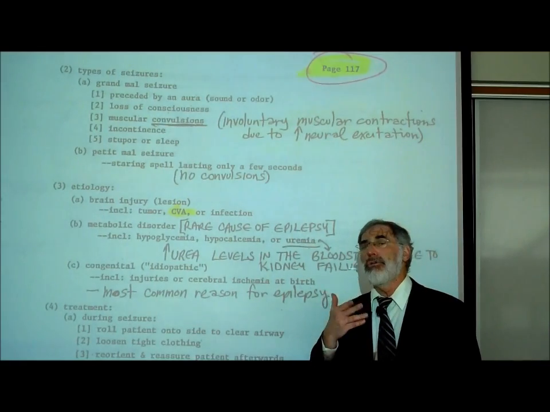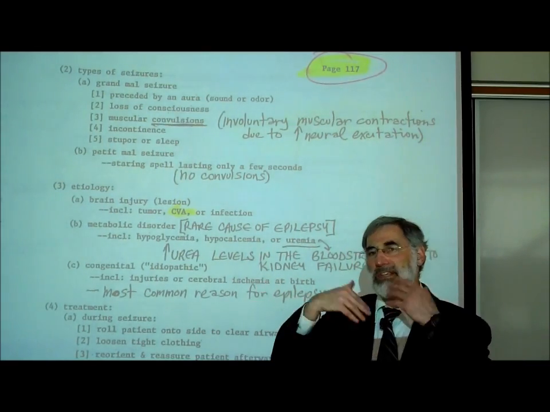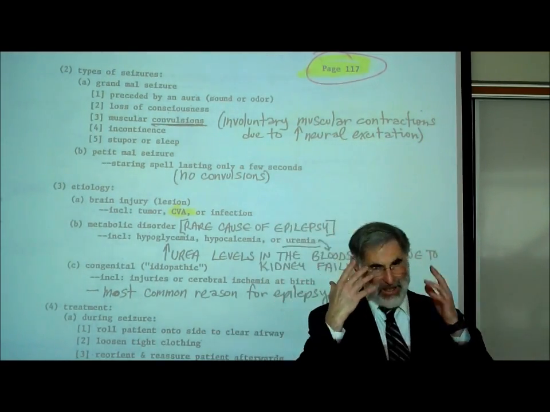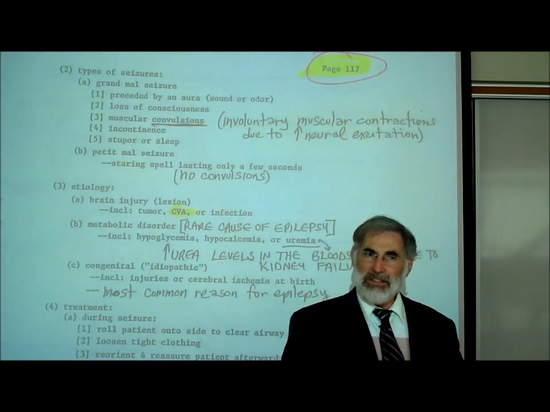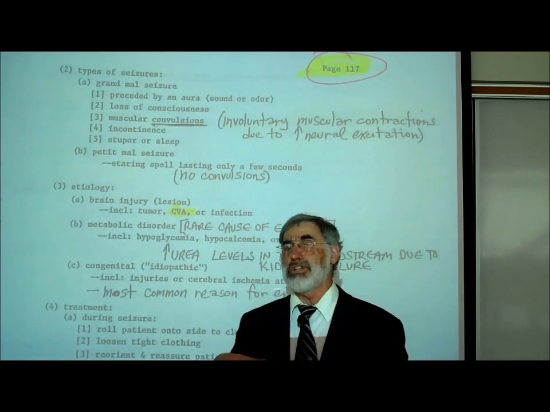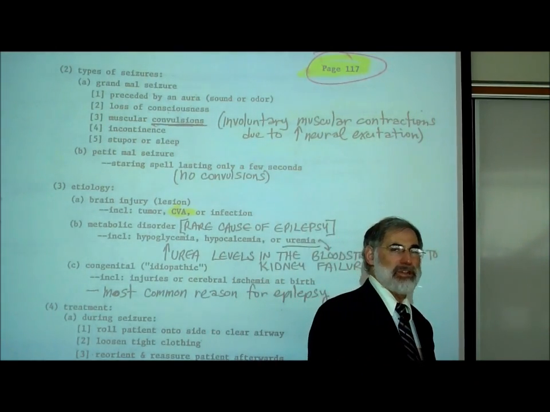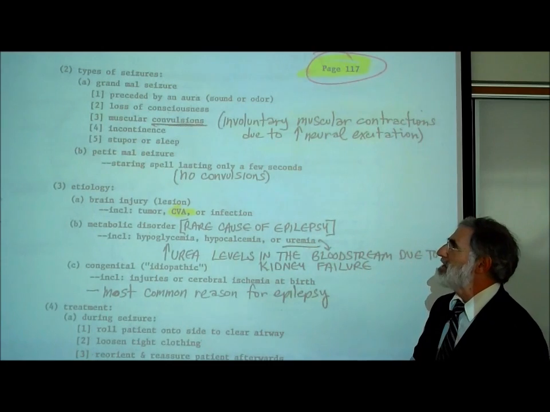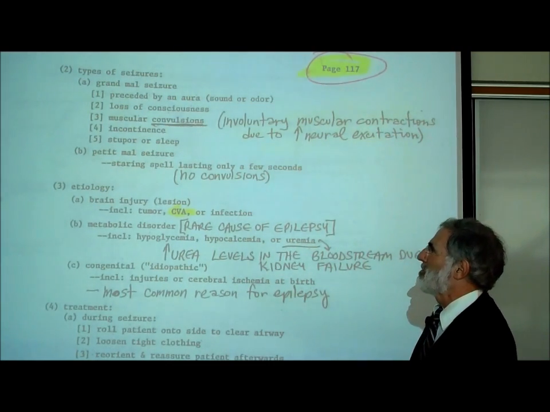Or it might be an odor, a smell, not a real odor, but something that they are smelling in their mind. And the sensation that is created may be related to which area of the brain is exhibiting an increase in electrical activity that is starting to spread to other parts of the brain.